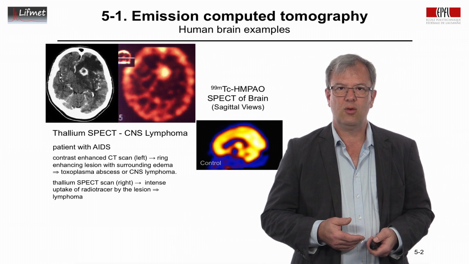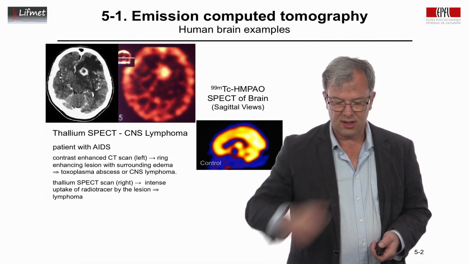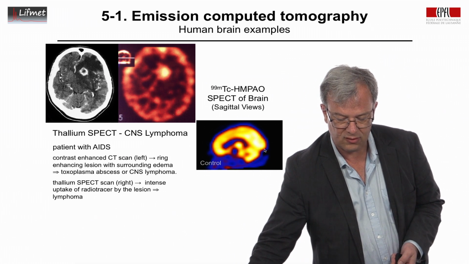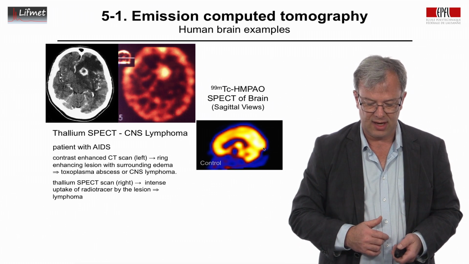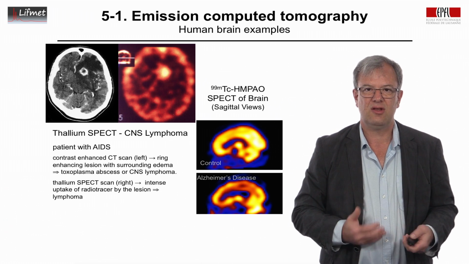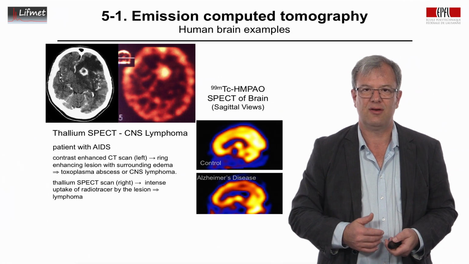Here is an HMPAO SPECT scan, now using the metastable technetium, a ubiquitously available isotope. This is from the control, a sagittal cut, so it's cutting through the head like this. We have here at the front the nose, and the occipital lobe, the visual processing that we have back here, is on the back of the head. Here's the same scan now applied to a patient with Alzheimer's. You can see clearly a different uptake of the substance, a different map.